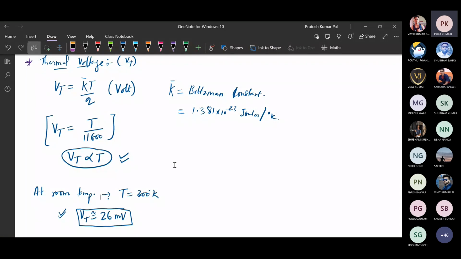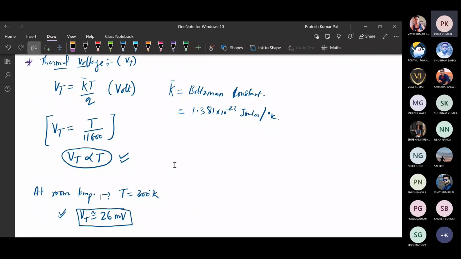What happens is that in any current equation, suppose we have any material, if we have made a diode, then the current relation of that diode includes this thermal voltage. That thermal voltage will be a part of the expression of current. Okay, or some relation between the voltage and current is there, so that voltage and current relation of a device will consist of this term.